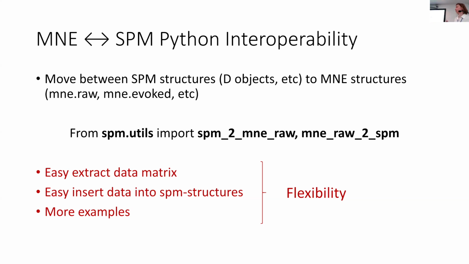We now have some functionality to move data between SPM structures and MNE structures. I think it's a big and important direction to make it as flexible as possible. So you're seamlessly doing some analysis in MNE, taking some functionality from SPM, then coming back to MNE for visualization.